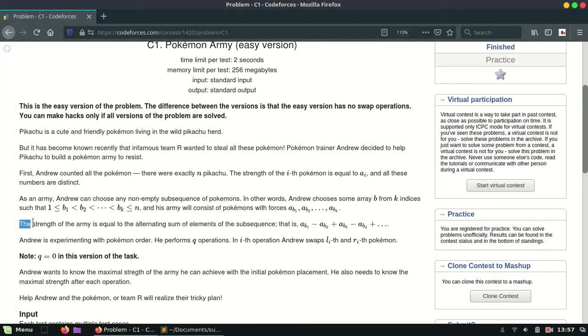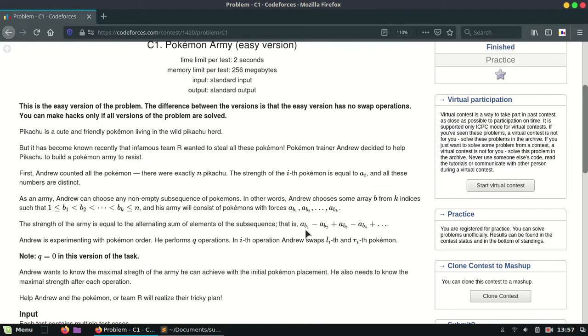What is given here is that the strength of the army is equal to the alternating sum of the elements of the subsequence, meaning the number at the odd place minus the number at the even place.